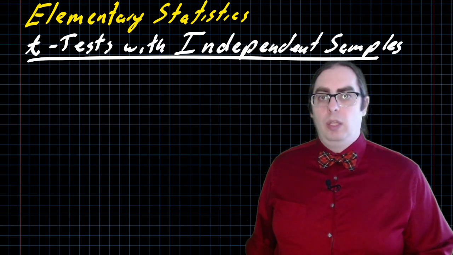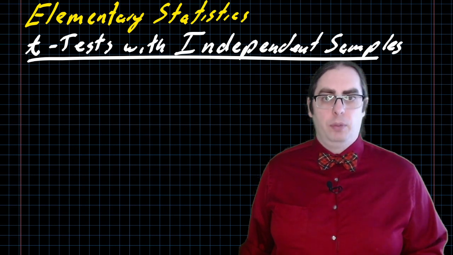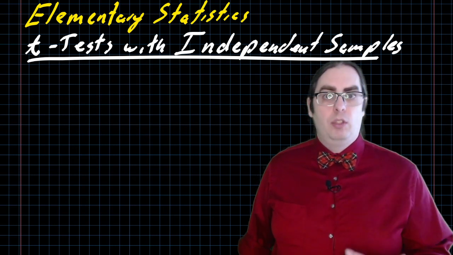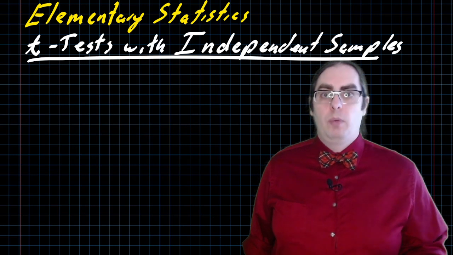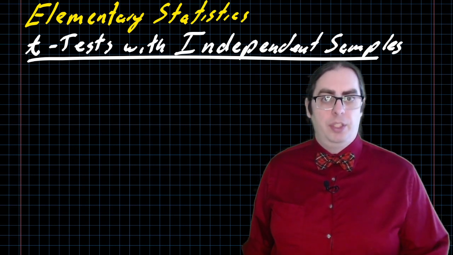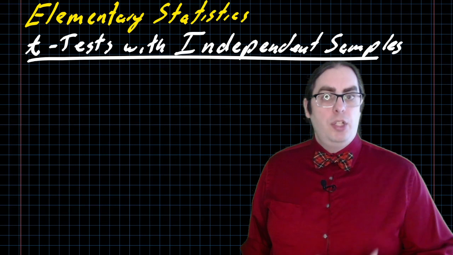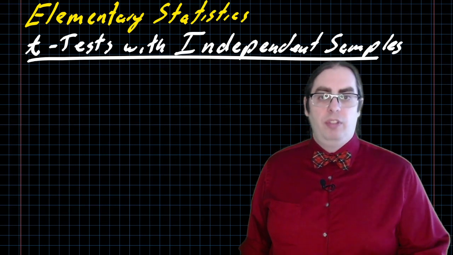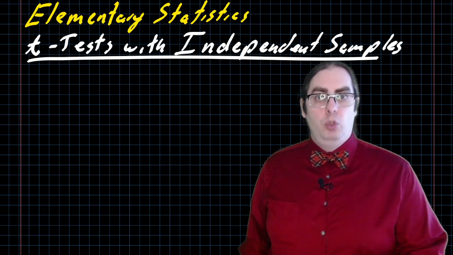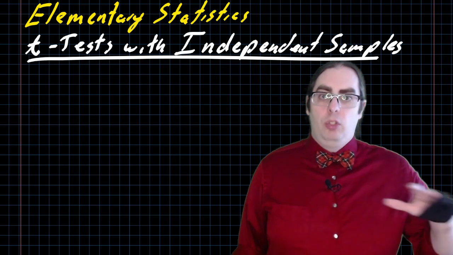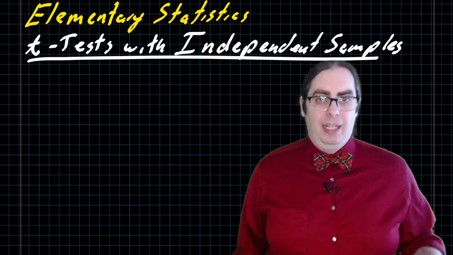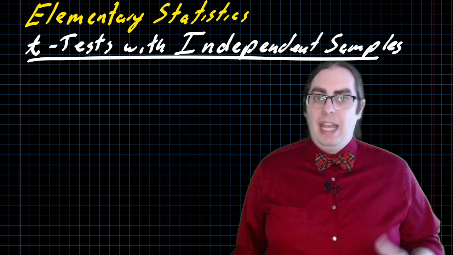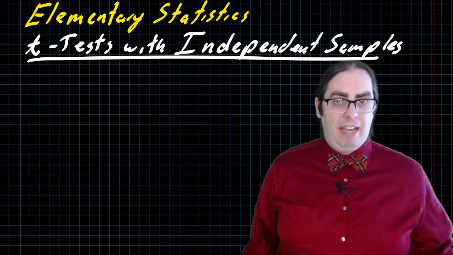Another way that you can look at some situations is a before and after approach. You can collect one sample, one representative group of the population. You can measure parameters or statistical data before you do anything. You can do whatever it is you are analyzing in this test, and then you can measure the same values after.